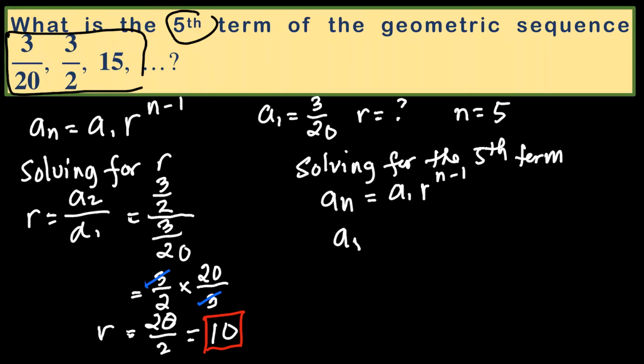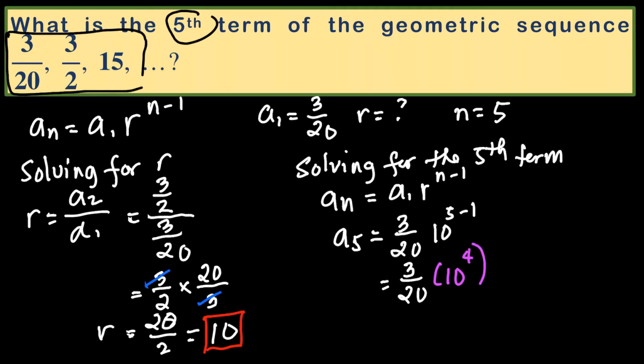So our fifth term is 3 over 20 times 10 raised to 5 minus 1. Now we can simplify this. We have 3 over 20 times 10 raised to 4.